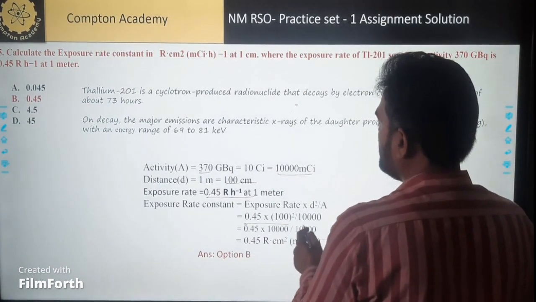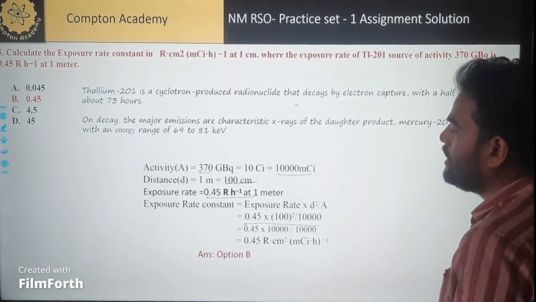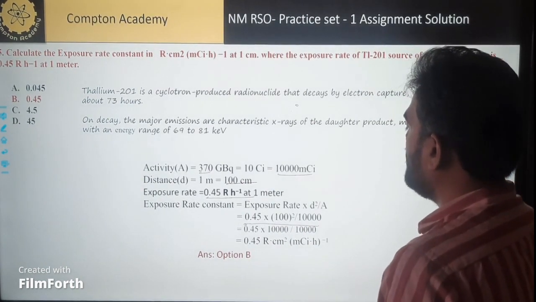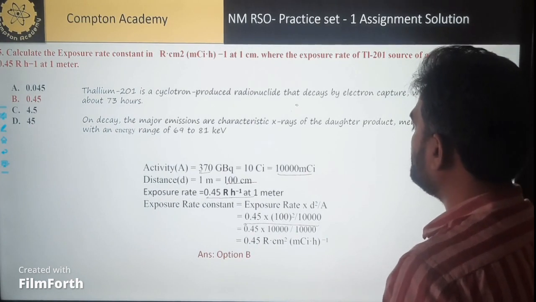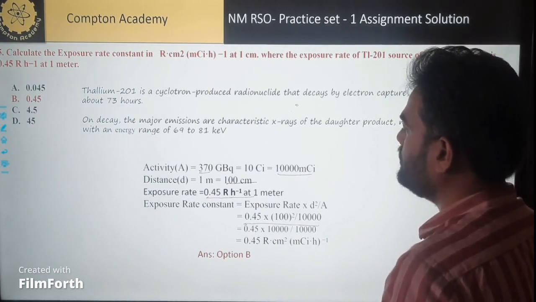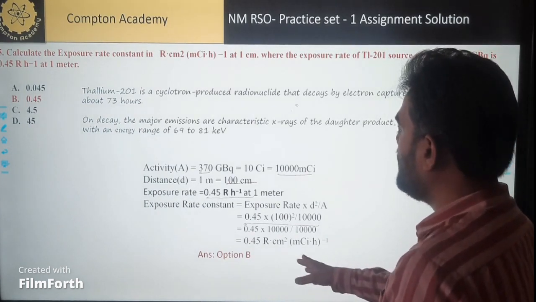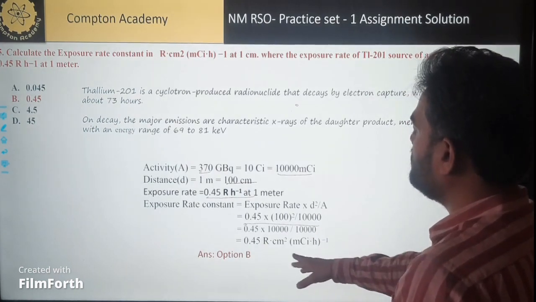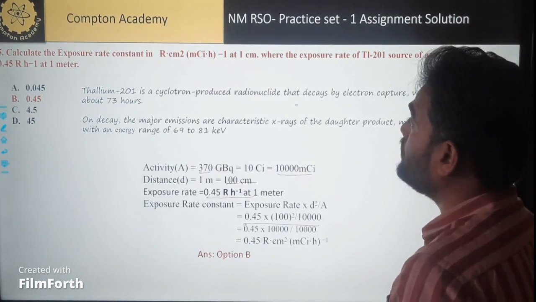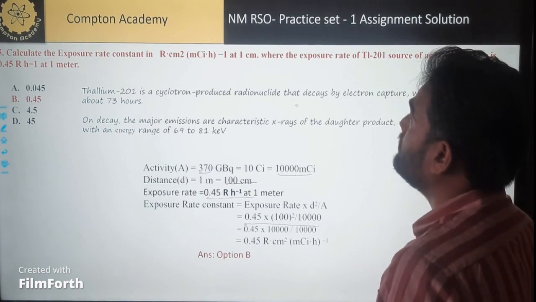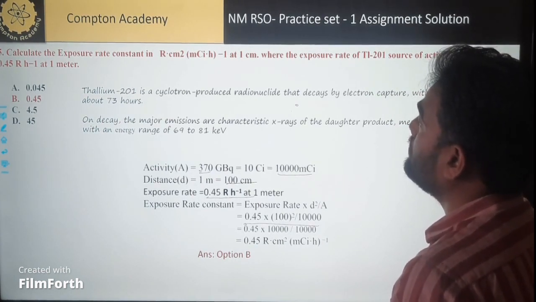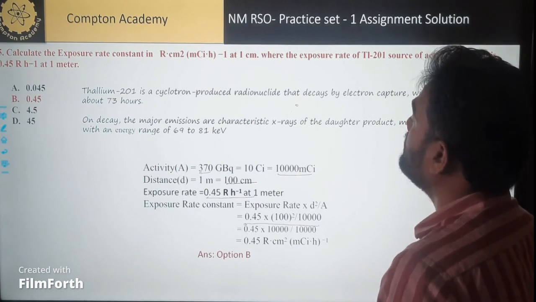Now putting all the values in this formula, exposure rate multiplied by d square upon activity will provide you the exposure rate constant. Then by putting these values you will get the similar value in Roentgen per hour centimeter square per millicurie at 1 centimeter.